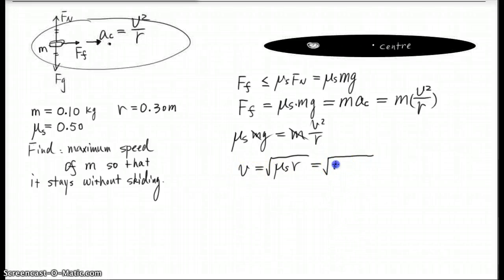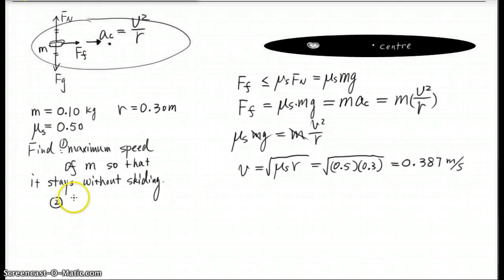So mu is 0.5, times 9.8 times 0.3, and we calculate. Okay, so v is 1.21 meter per second.